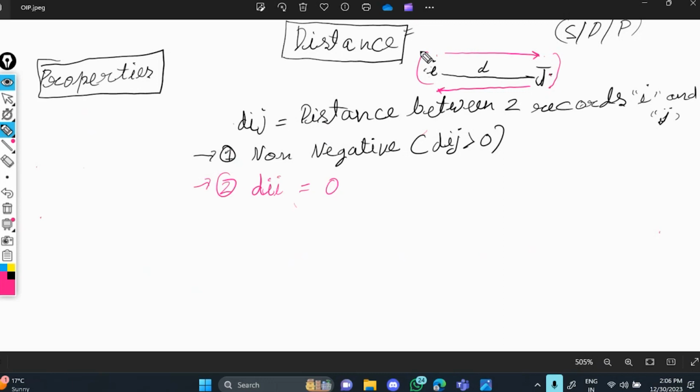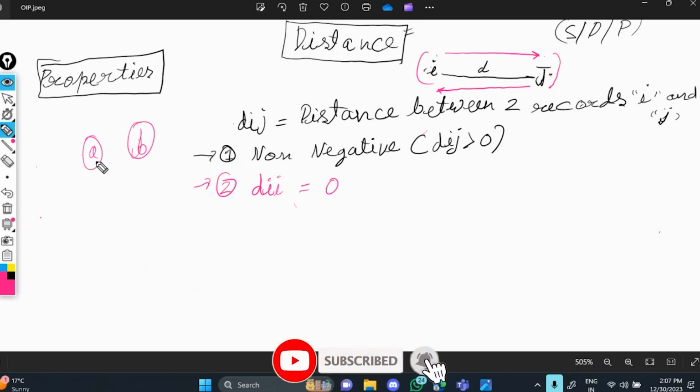But if we try to calculate the distance of the same record, if record A is present and B is present, and someone asks what is the distance from A to A, that distance is dii equals 0.